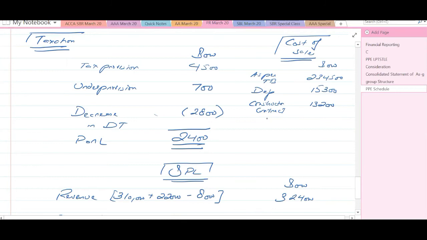And then we need to reverse the agency, which was 6400, and then there was a reversal of impairment. It was 1500.